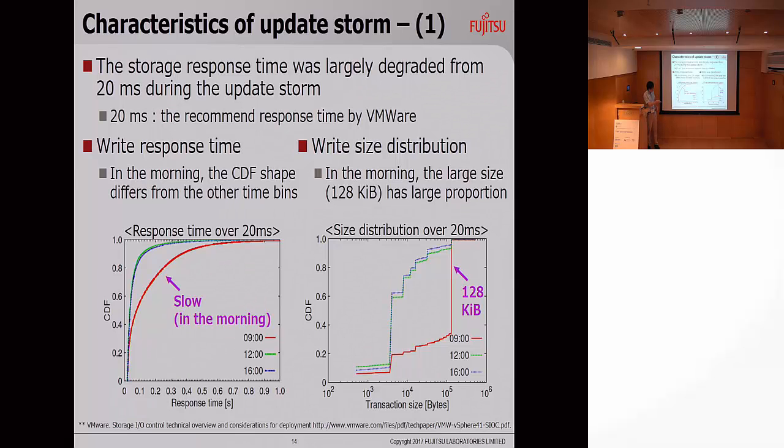We picked 3 times: morning, lunchtime, and ordinary afternoon. In the morning, the red color, the CDF shape is different from the other times. Thus, the response time of 20 milliseconds is slow in the morning.